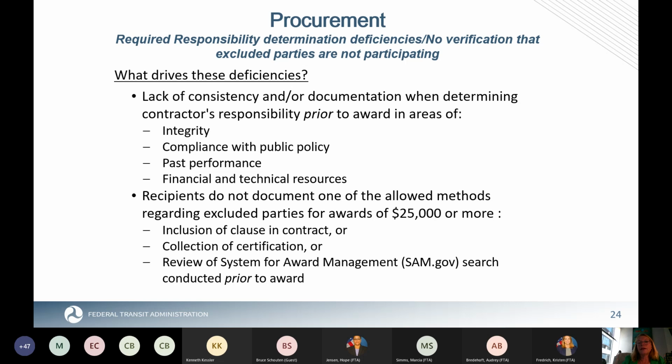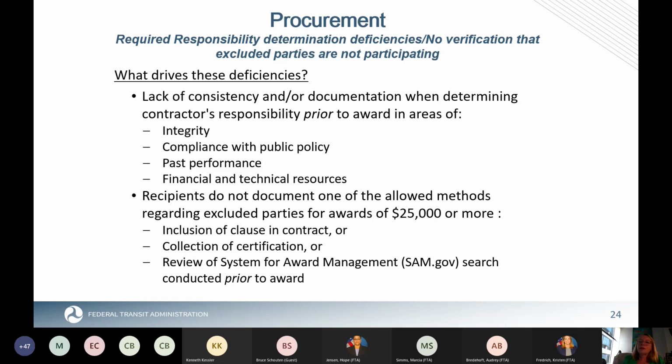When you look at suspension and debarment, the real drivers of deficiencies here is that you haven't documented, again, that you have made that determination for every contract of $25,000 or more. And so that's a pretty low threshold. So that's one thing that trips some recipients up.